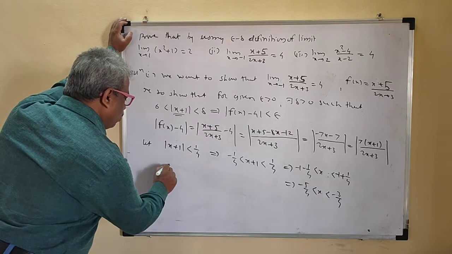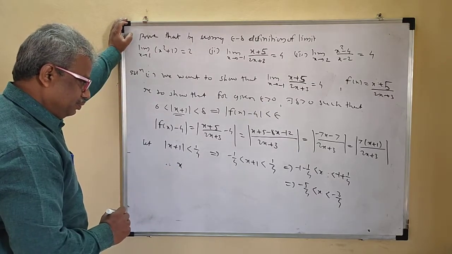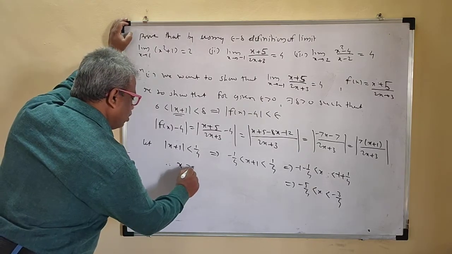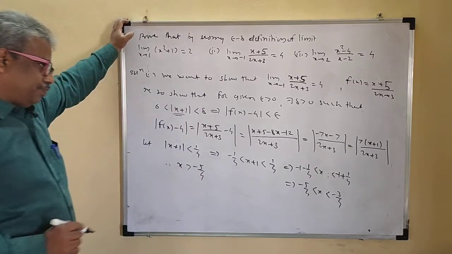So therefore x is greater than minus 5 by 4.